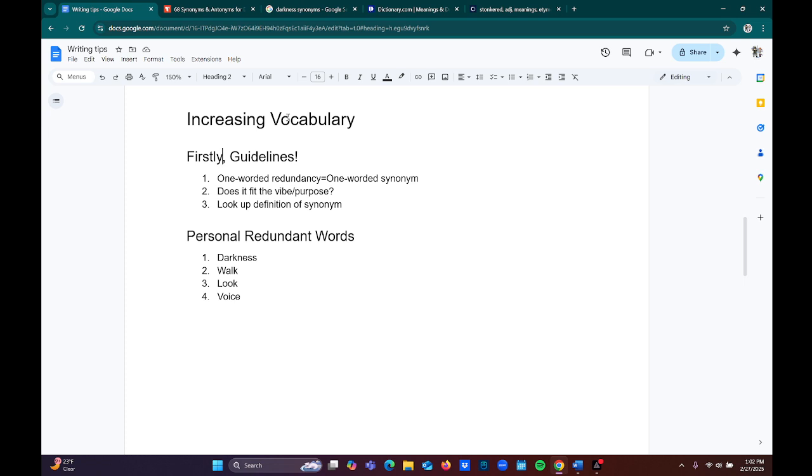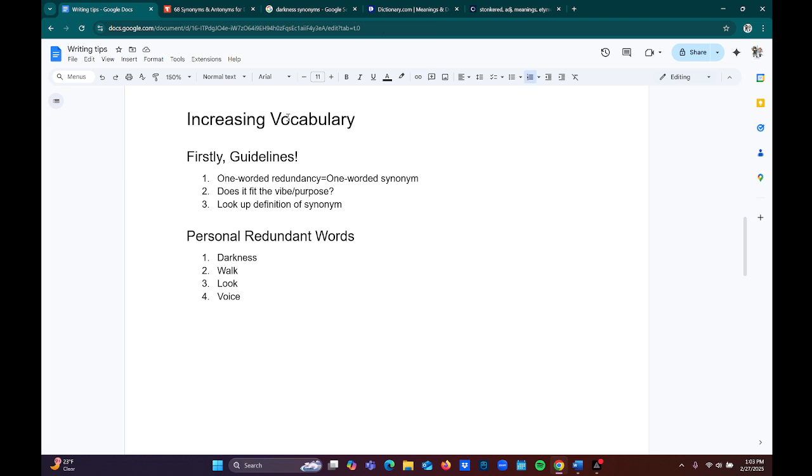Sometimes it gets repetitive, it gets a little redundant. Increasing your vocabulary can help with that. And these are some of the ways that I increase my vocabulary so that I prevent myself from sounding redundant, being a little repetitive.